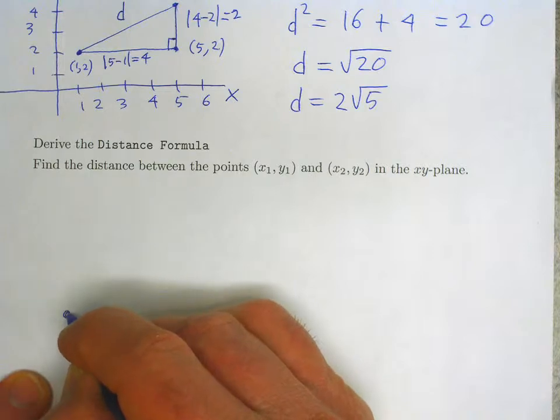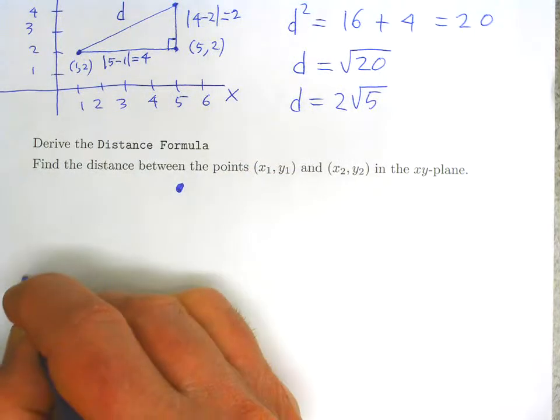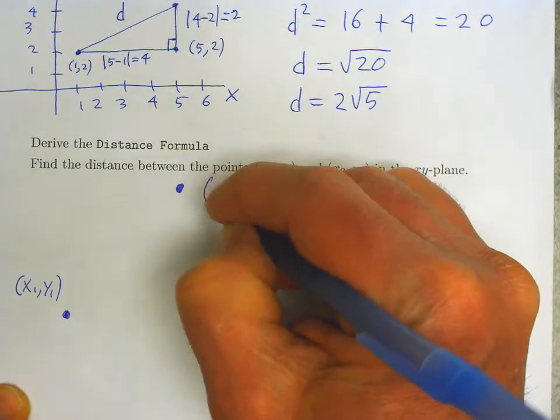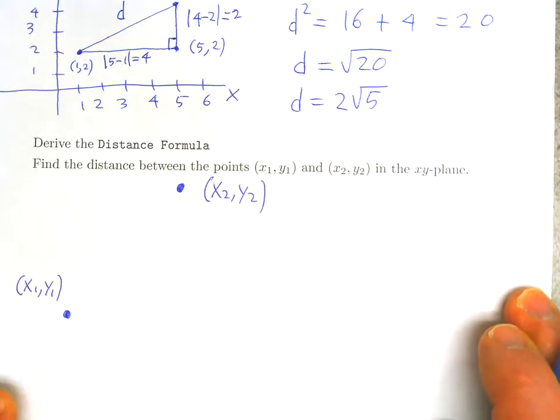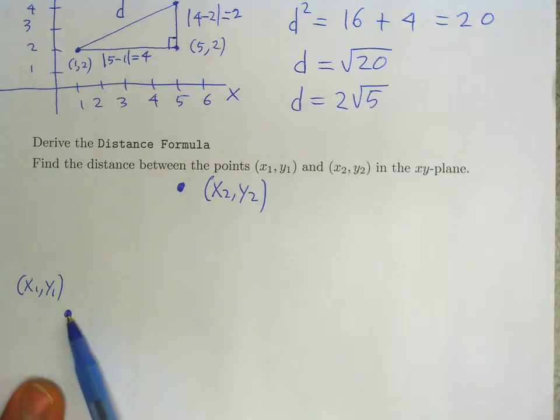Okay, so we'll use a diagram again. So one of the points I'll label as (x1, y1), and the other point I'll label (x2, y2). So these are 2 points in the xy plane. We want to find the distance between those 2 points.